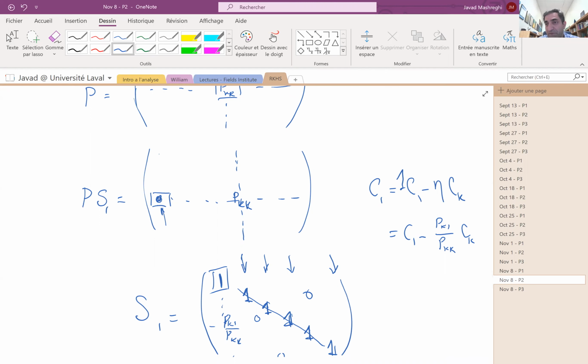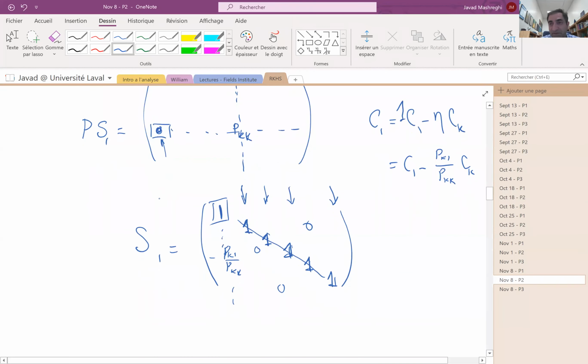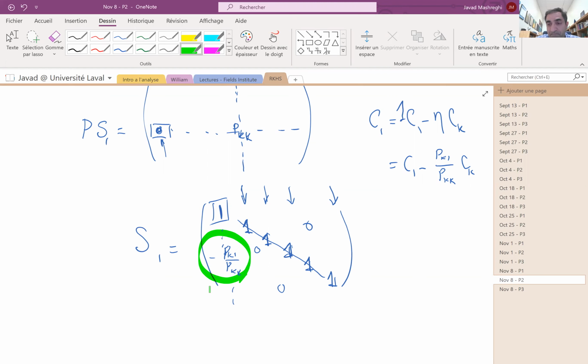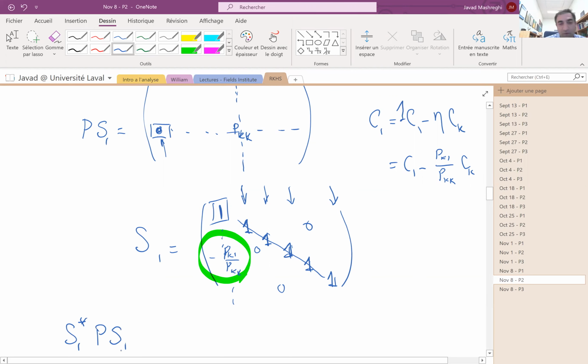So it's a matrix which is basically the identity matrix, except at one point. We replace it by minus PK1 divided by PKK. And the question is that now if I do S1 star PS1, what do I obtain?